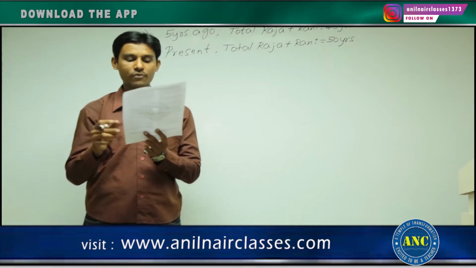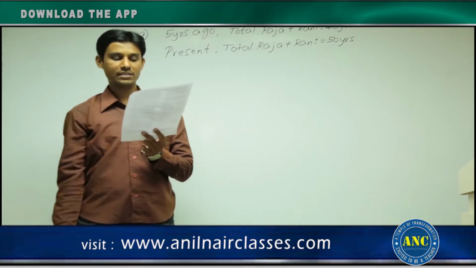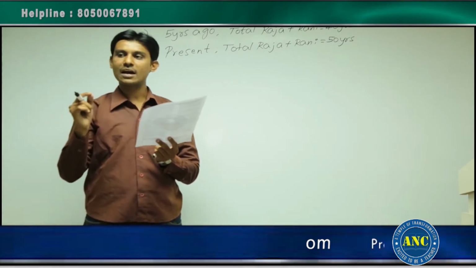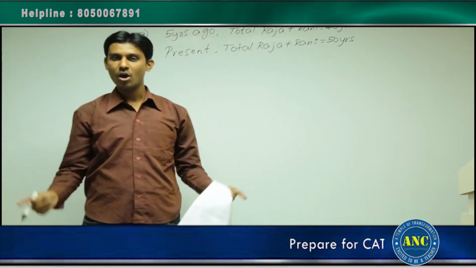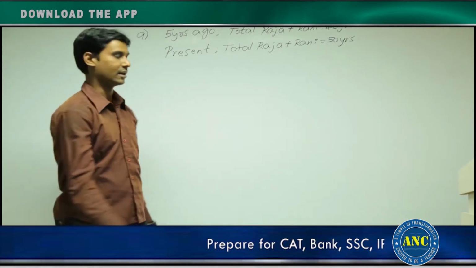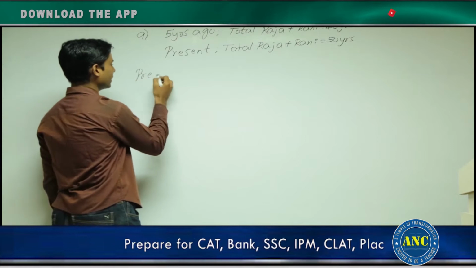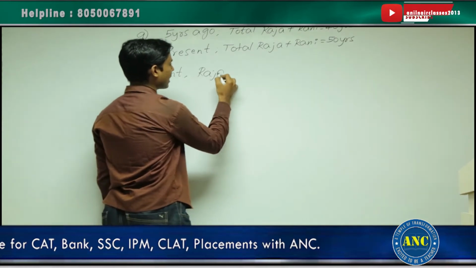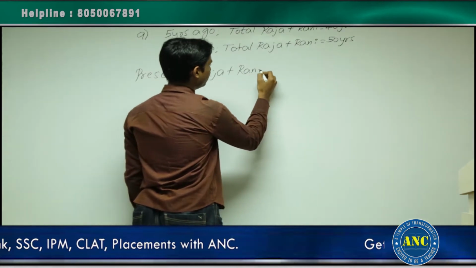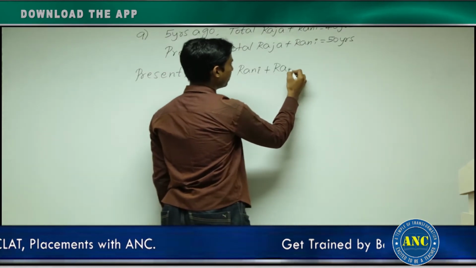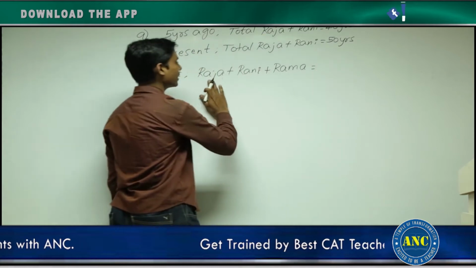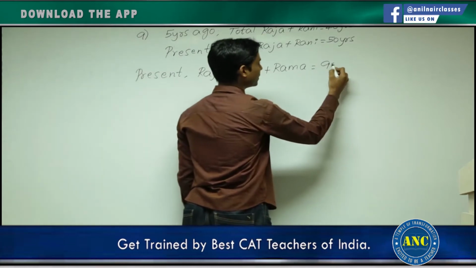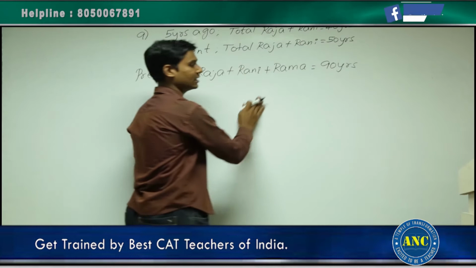Now the average of Raja, Rani and Rama is 30 years. Average of Raja, Rani and Rama is 30 years means all three people are 30 years of age. That means present, now is nothing but present situation. Presently, Raja plus Rani plus Rama, all three people are 30 years of age. 30 plus 30 plus 30, it becomes 90 years.